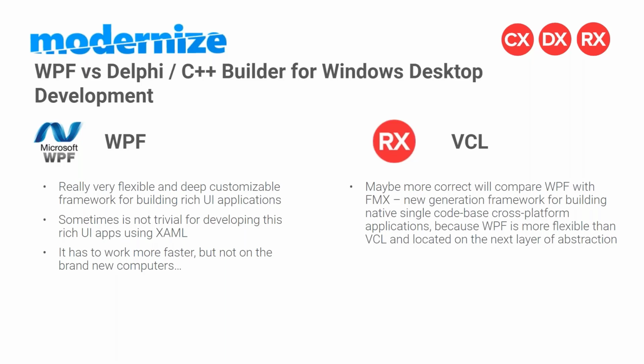If we compare with Delphi and VCL, I think maybe it will be more correct to compare WPF with FMX, because FMX is its own new generation framework. It's a new generation of how to build an application, because we have a new style-based development ideology for styling our applications.